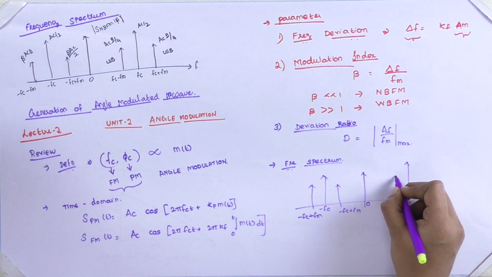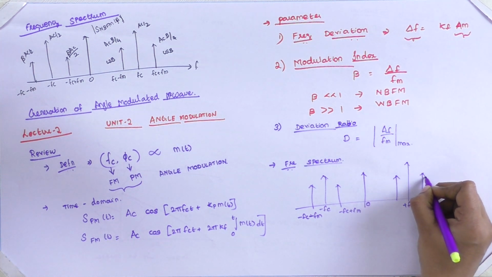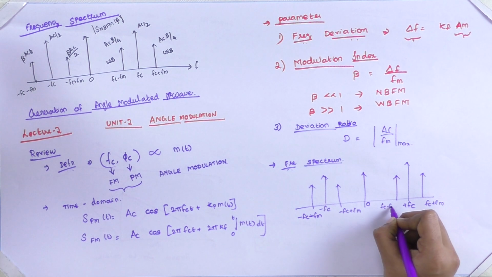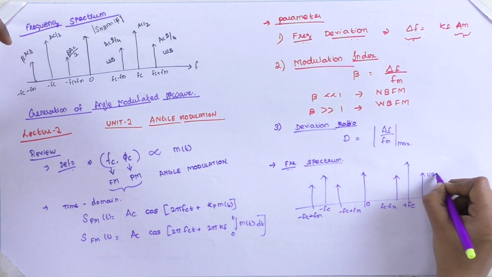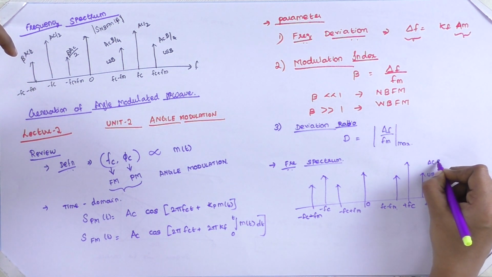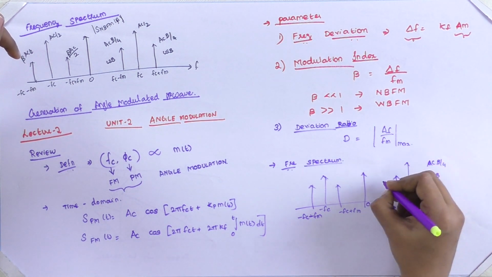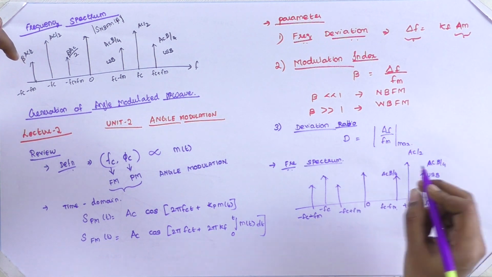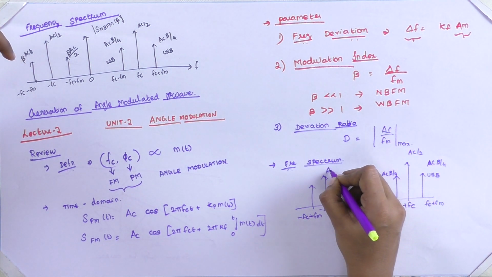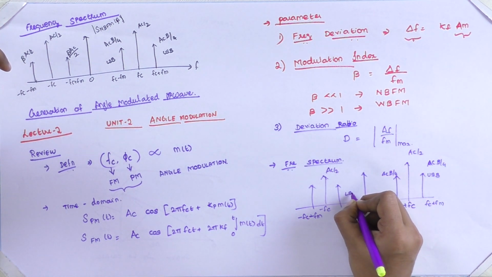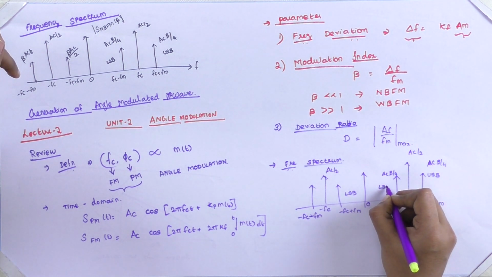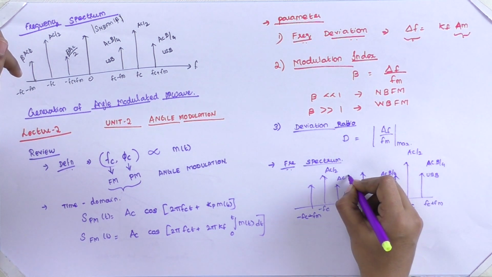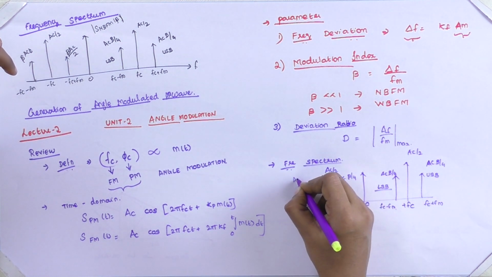This is our upper sideband with magnitude Ac beta by 4. This is our lower sideband having the same magnitude. The carrier frequency has the magnitude of Ac by 2. This is our LSB and USB, each having a magnitude of Ac beta by 4.